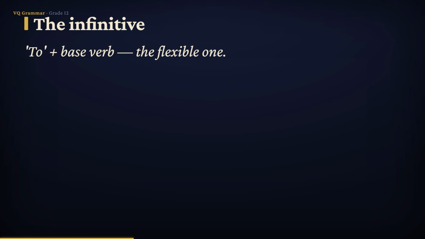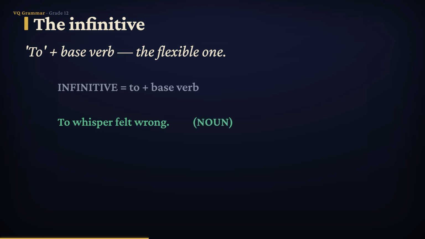The third verbal is the infinitive, and it's the flexible one. An infinitive is the word to plus the base form of a verb. To whisper, to travel, to decide. What makes it special is that it can do three different jobs. As a noun, "to whisper felt wrong." The whole phrase names the thing that felt wrong, so it's working as a noun.